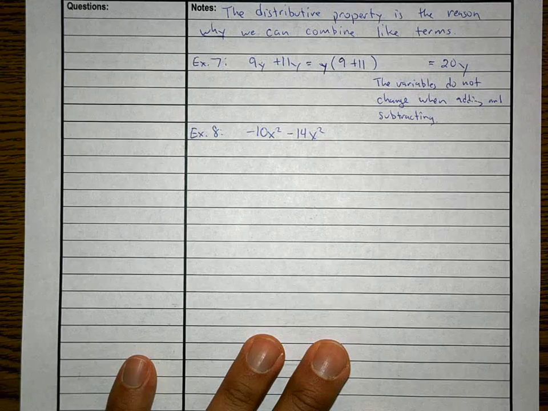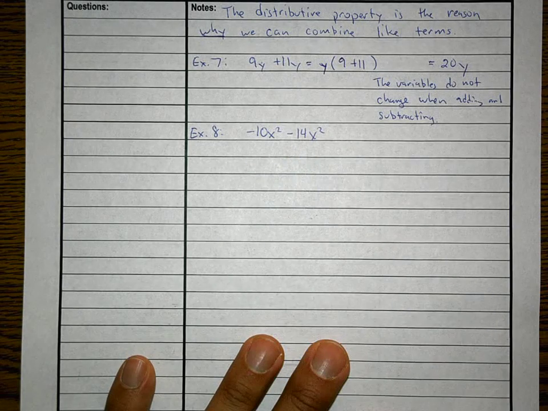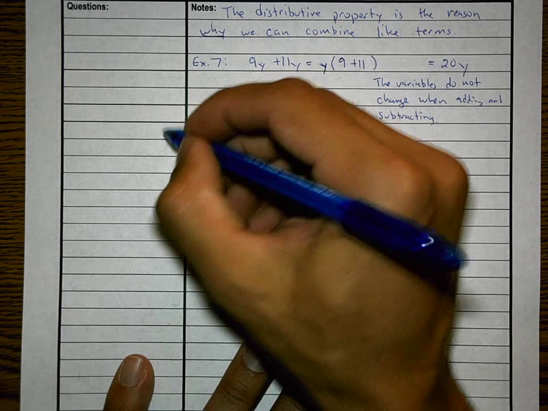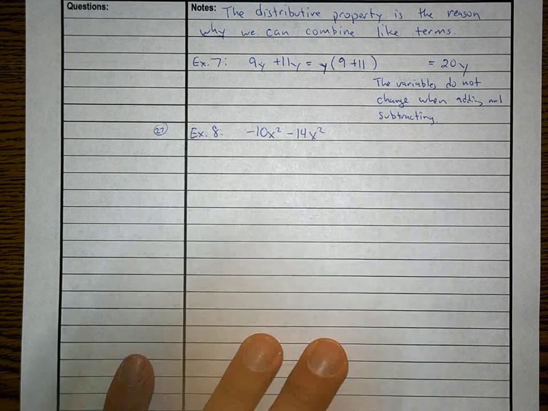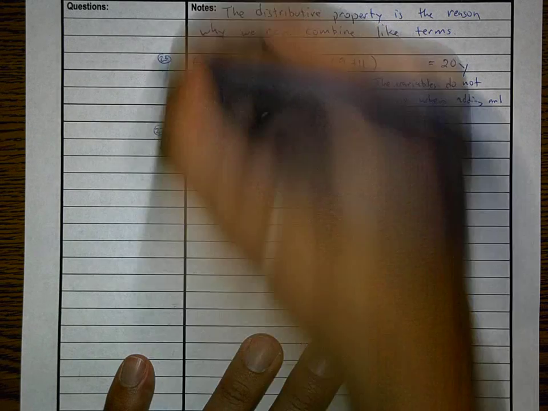Mine says, example 8, negative 10x squared minus 14x squared. This is very much like number 27 on the worksheet. This is very much like 23 on the worksheet.